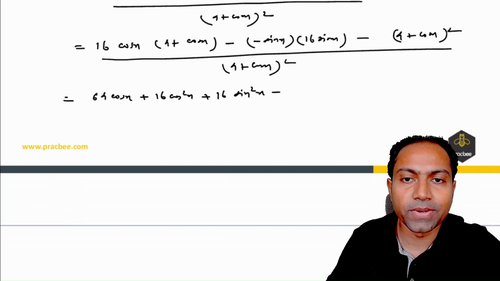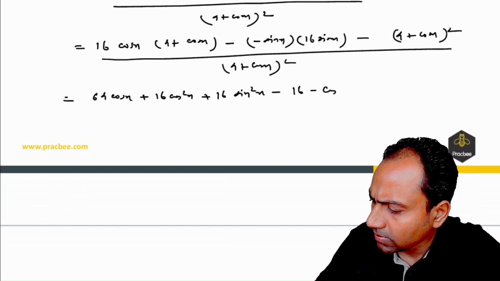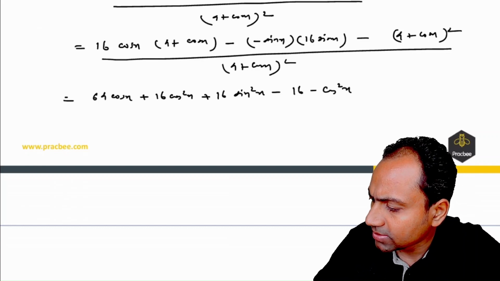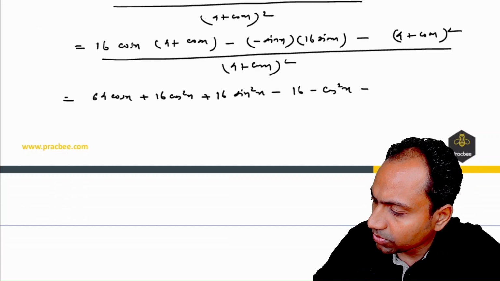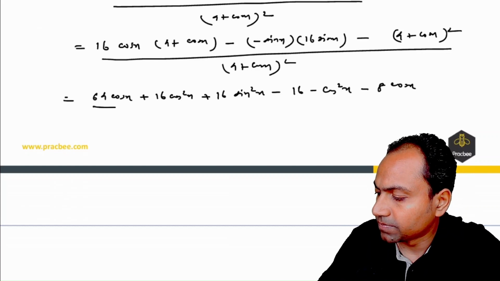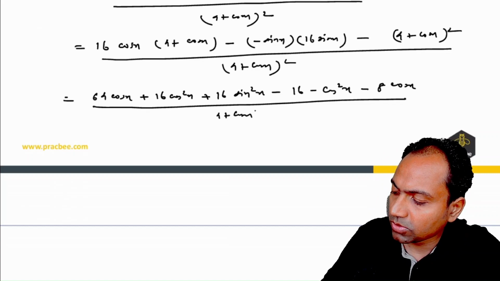And if I open the bracket that I have, it comes out to be nothing but 16 minus cos square x minus 2 into 4, 8 times cos x. And divide by (4 plus cos x) whole square.